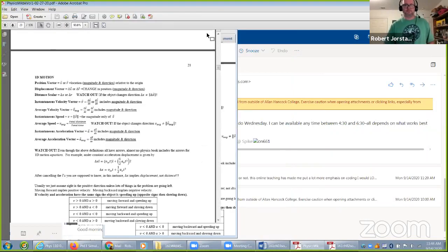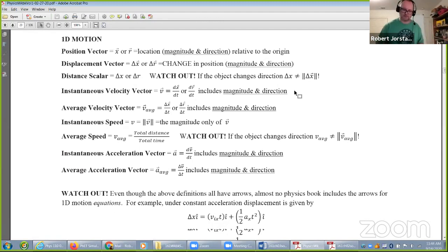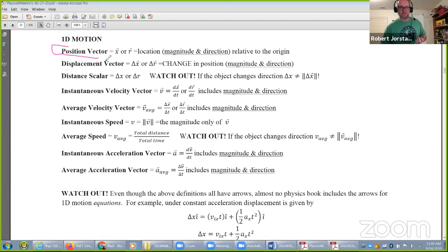Okay, there we go. And so this is our definitions that we're going to be using for 1D motion. Hopefully after this class, you can go and read the textbook and add another layer of understanding to these definitions. One of the more common things that can trip students up is the difference between position, displacement, which is a change in position (notice that delta symbol appearing), and then distance, which looks the same as displacement, but it's totally different.